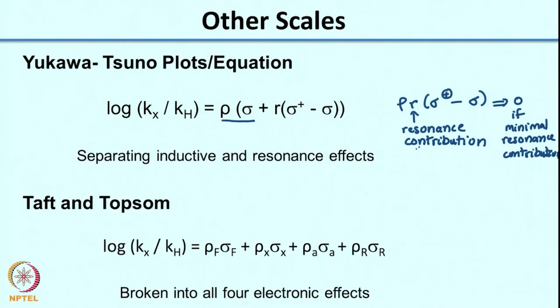This is the Taft and Topsom equation, where it has broken down the Hammett equation to all 4 effects, where you have the field effect, this is for the inductive effect, this is for polarizing, and this is for resonance.